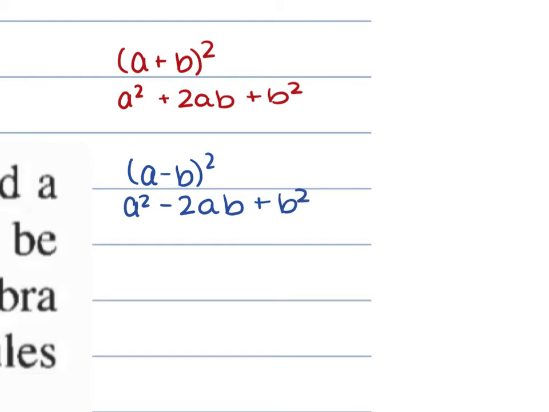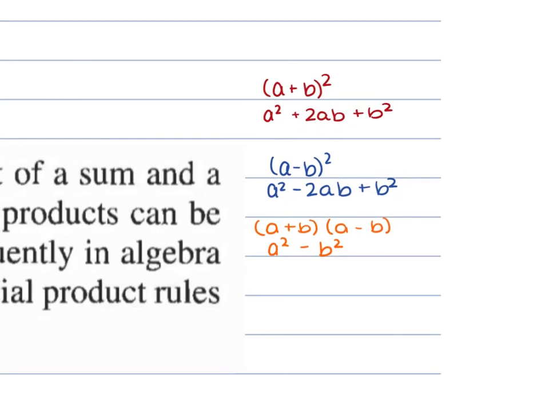Then you also have a plus b and a minus b multiplied together. When you see this, you're going to have that a squared minus b squared. So you want to keep these in mind while you're going over these special products.